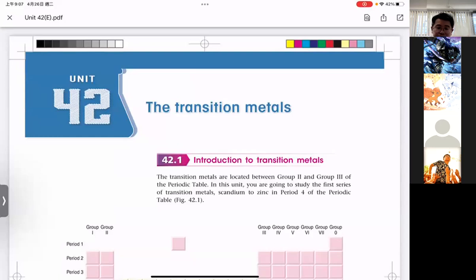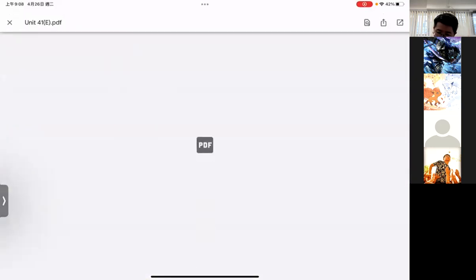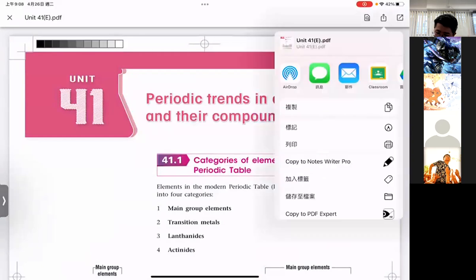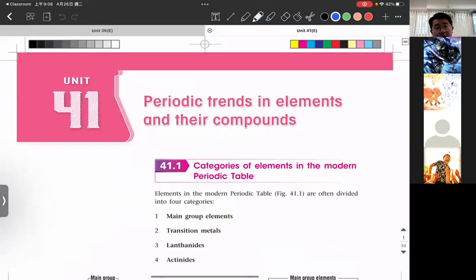Transition metals. Do you find it? So this is the second one. Today we will have 41 first. Please download it. Now we will start the lesson right away. I'll give you one minute to get yourself prepared for the lesson, and we'll start right away.